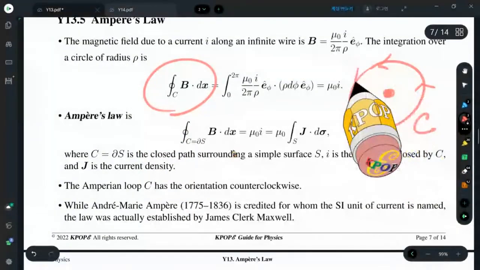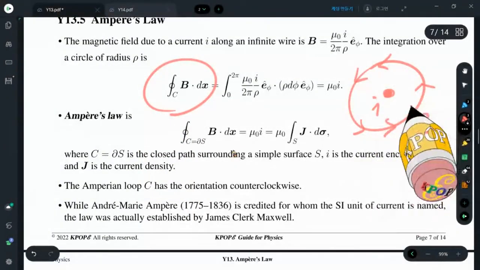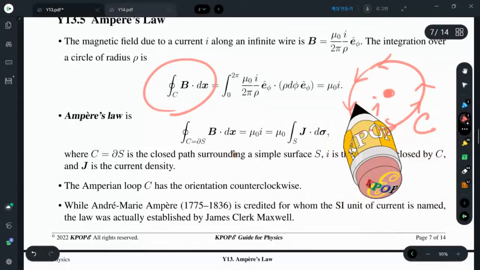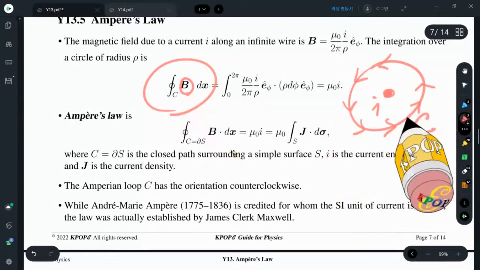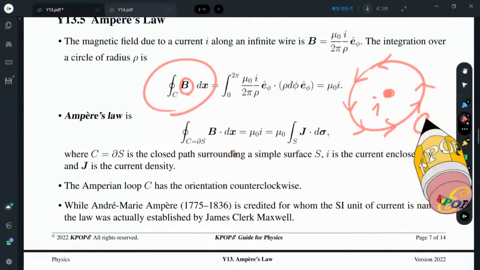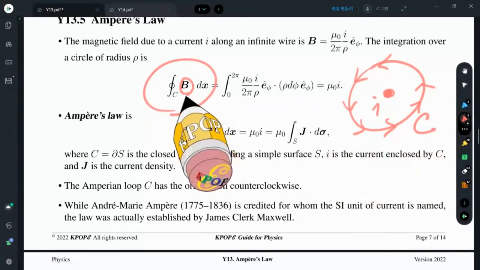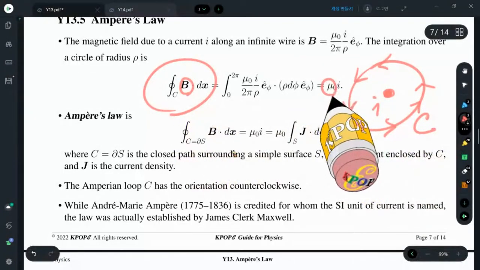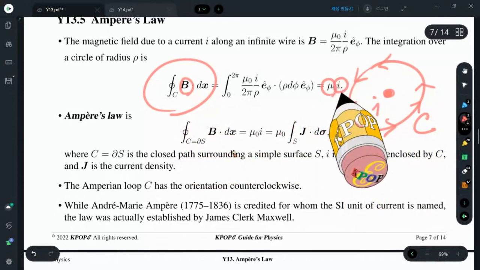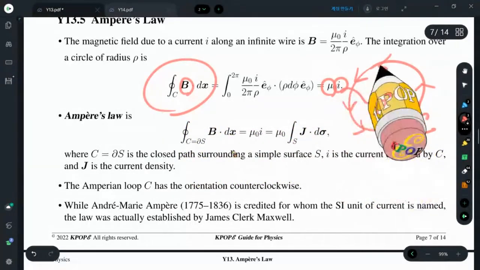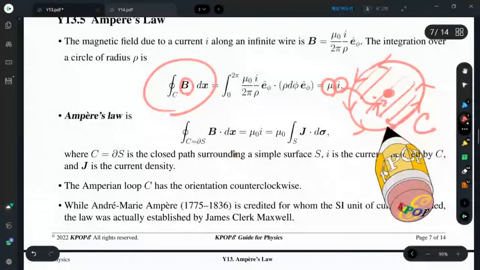Then along this counterclockwise direction, the magnetic field integrated over this closed path is proportional to the permeability constant multiplied by I, and I is enclosed by this closed surface.